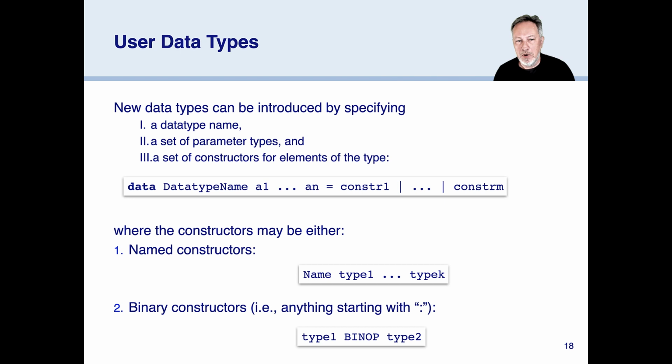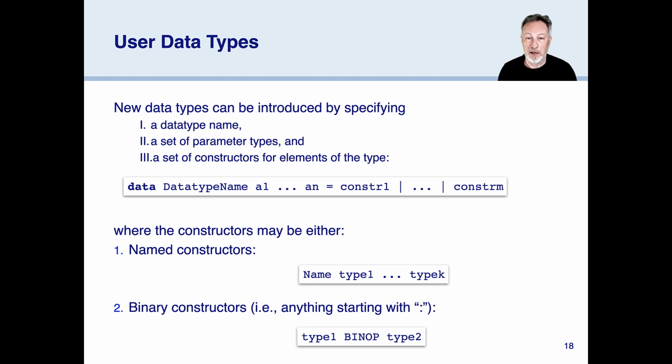Now, in most programming languages, there are ways of creating new data types, and Haskell is no different. However, the way you create data types in Haskell is a bit different from the way we're used to doing it in object-oriented languages. So how do we do that? You need three things. First of all, a new data type, you have to give it a name. That's fine.